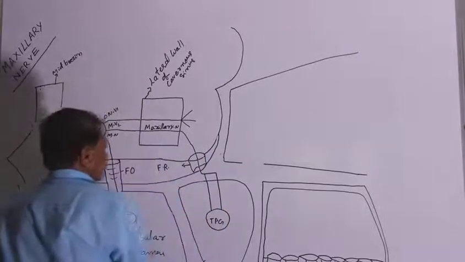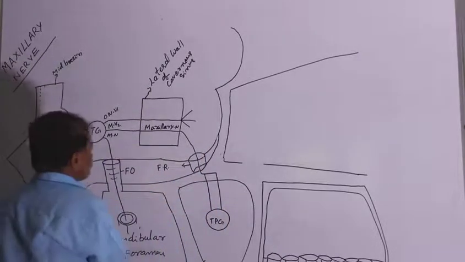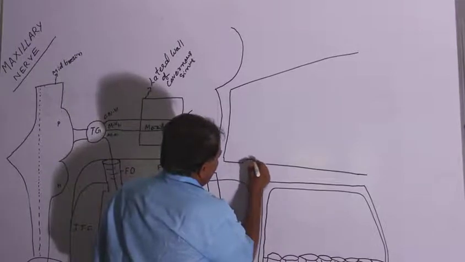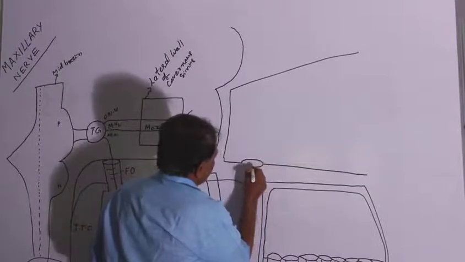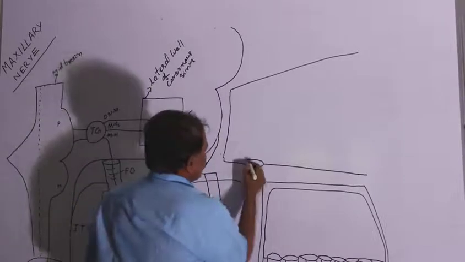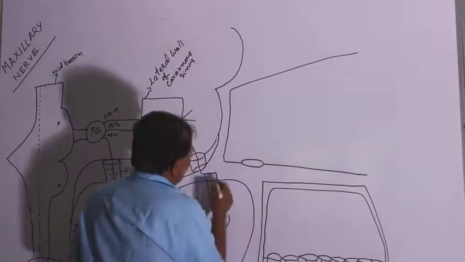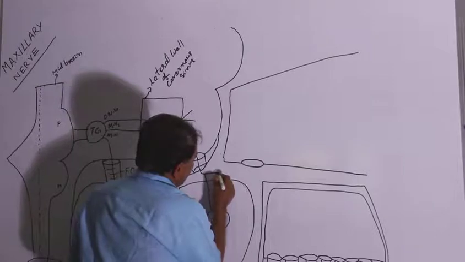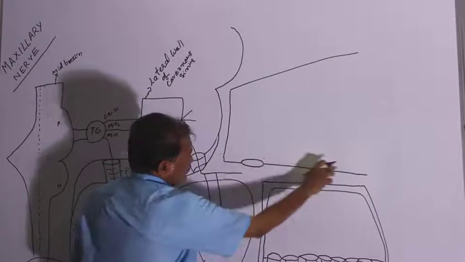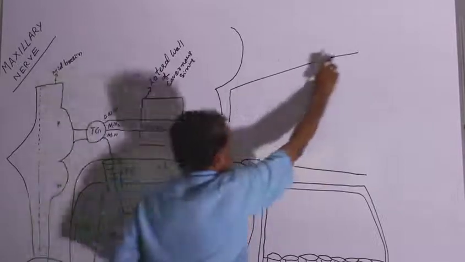From here onwards, there is a hole called the inferior orbital fissure. The maxillary nerve runs toward the orbit. This is the orbit.